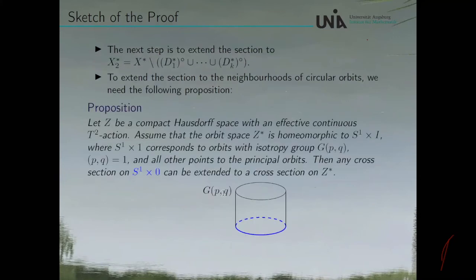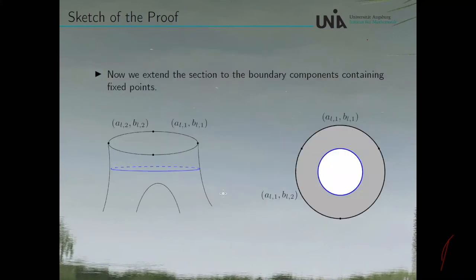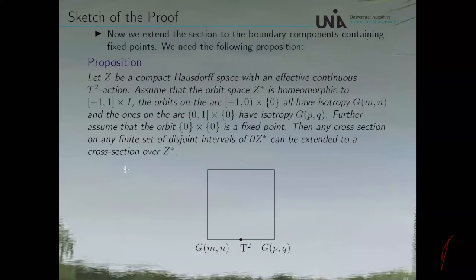This proposition helps. Then I go to the annular neighborhoods of the boundary components with fixed points. There they look like this, or this is what it looks like when we look from above. It is something like this. And now this proposition would help me.